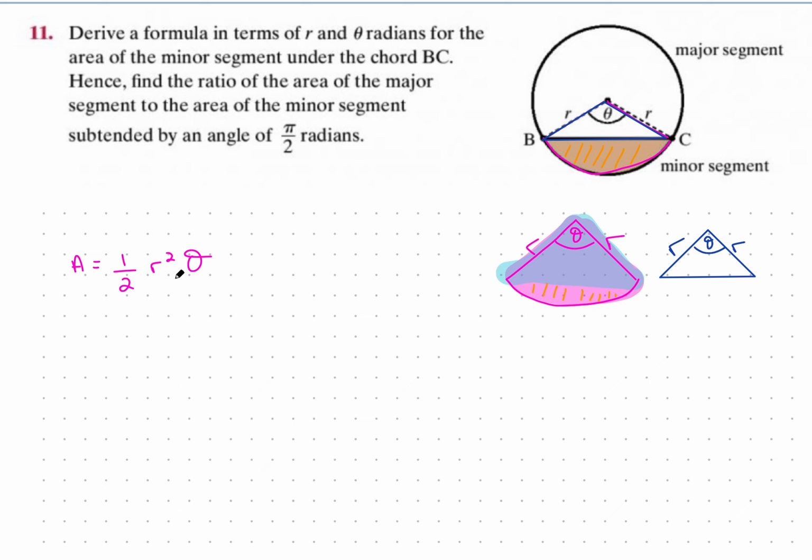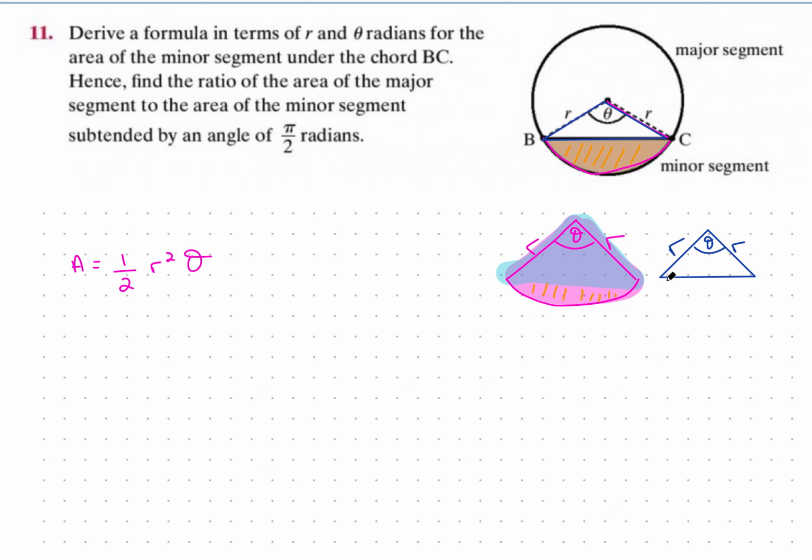If it's reported in terms of radians, this is the formula you need to take. If it's degrees, it's pi r squared times theta over 360. This is the area of our sector. I don't need to use the information of the second part yet, because they still just want the formula reported in terms of theta.